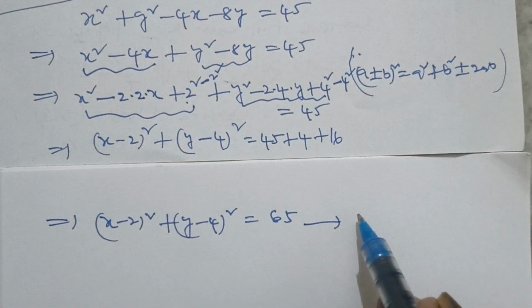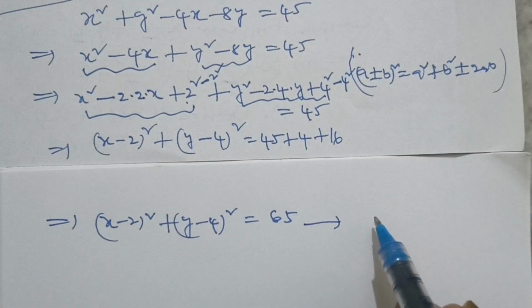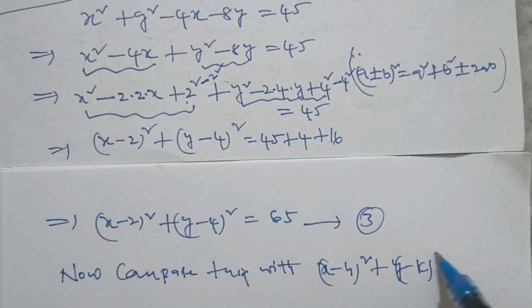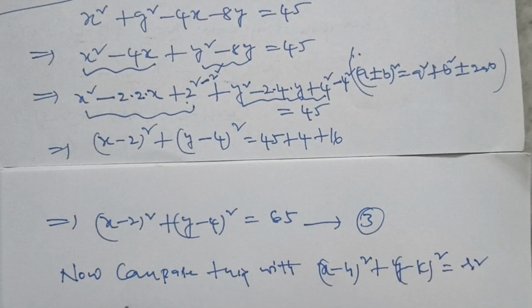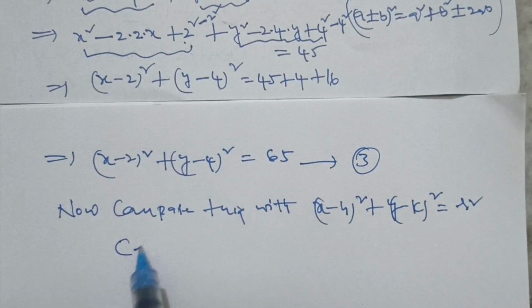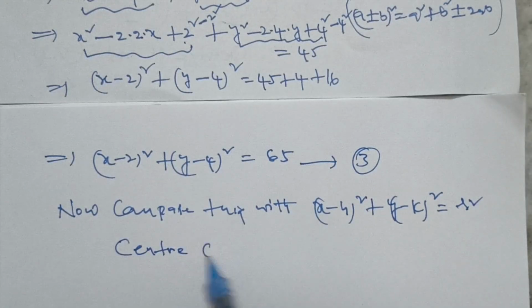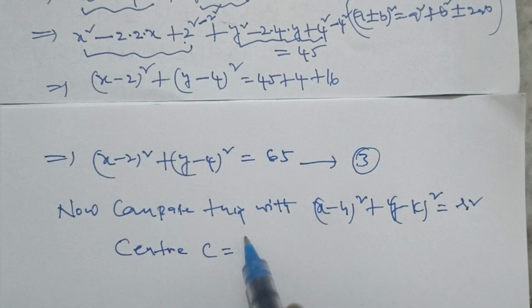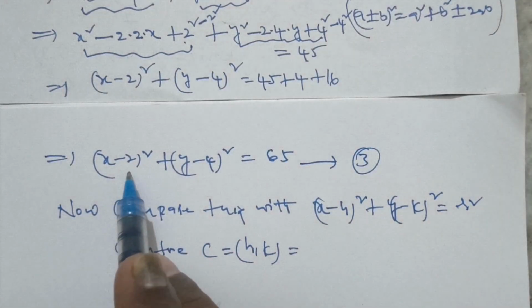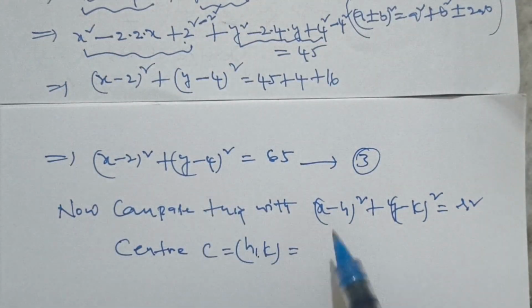This is the circle equation. Clearly it is of the form x minus h whole square plus y minus k whole square is equal to r square form. Now compare this equation 3 with the general form of the circle equation, x minus h whole square plus y minus k whole square is equal to r square. In this form we have the center formula c equals h comma k.